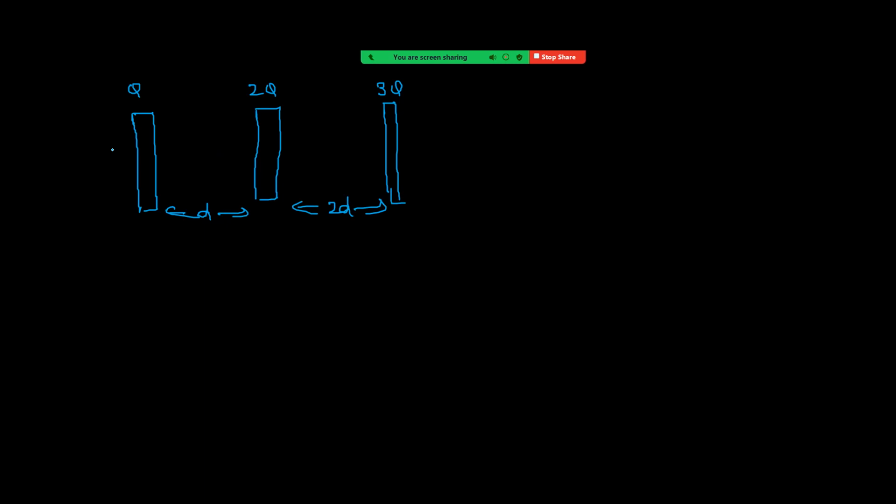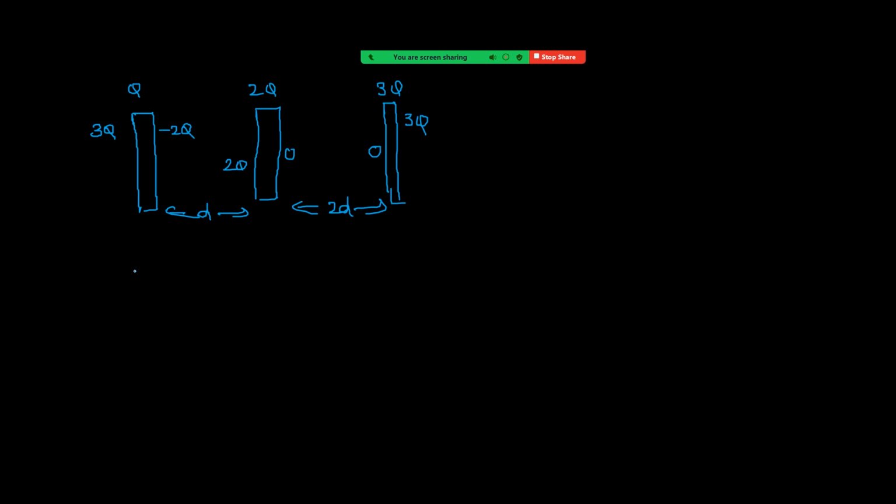So we have learned that to know the distribution of charge, first what we have to focus on is the sum of the charges. 3 plus 2 plus 1, 6. That means on the outer faces, half of the total is on the outer faces, right? See, Q plus 2Q plus 3Q, totally 6Q. Half of that is 3Q, 3Q. Now here the charge will be minus 2Q because the total is a constant, right? So minus 2Q. This is 2Q, 0, 0.